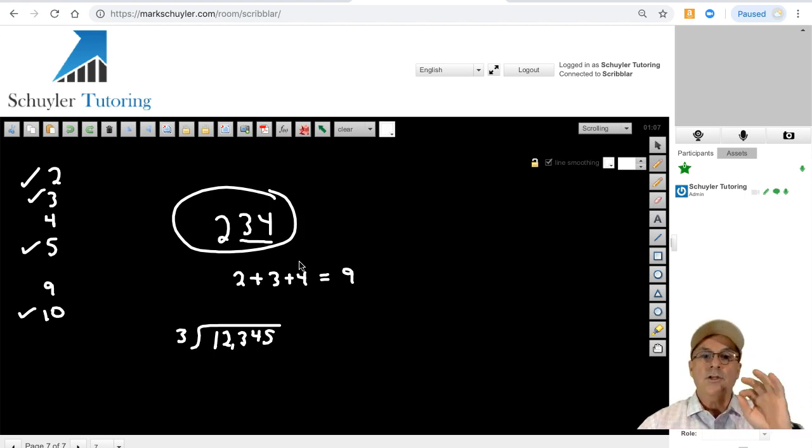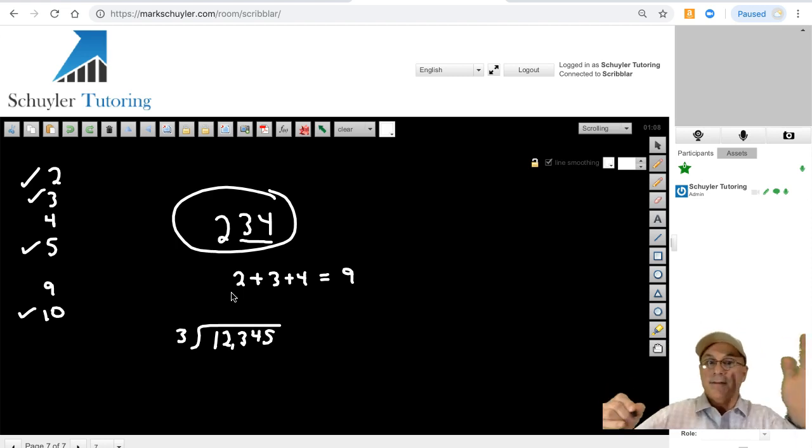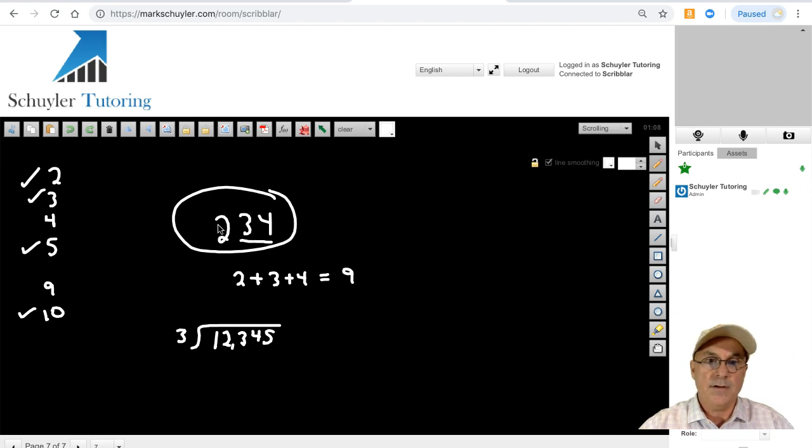But what you do is you just look at it as the 2-digit number 34, and you ask yourself, is 34 divisible by 4? And the answer is no, sorry, it's not. 8 times 4 is 32. 9 times 4 is 36. So we have multiples of 4 at 32 and 36, but it skips right over 34, so that doesn't work.